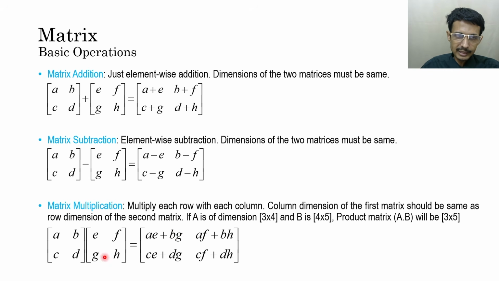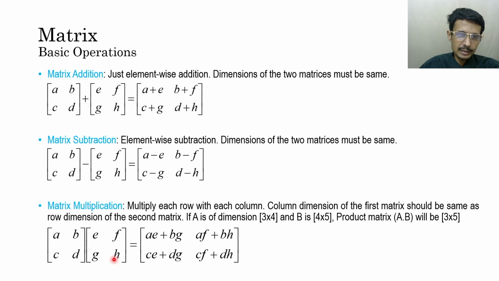Okay. Then C into E plus D into G. Then the first row with the second column: A into F plus B into H. So, this is the second element.